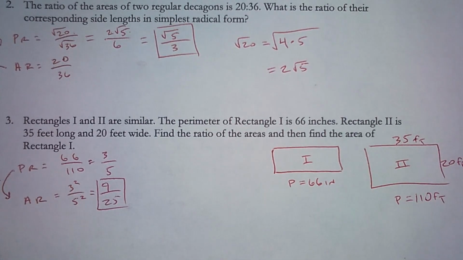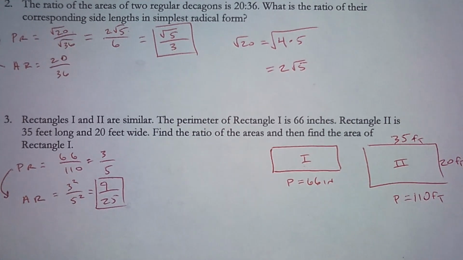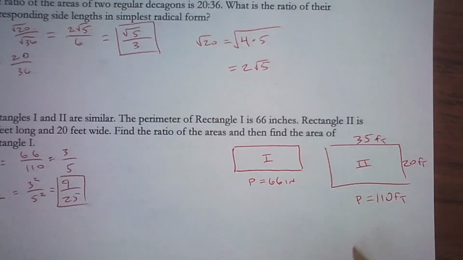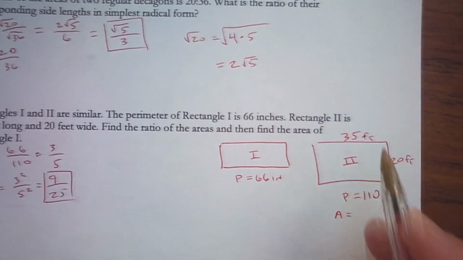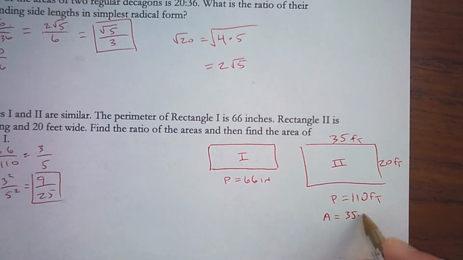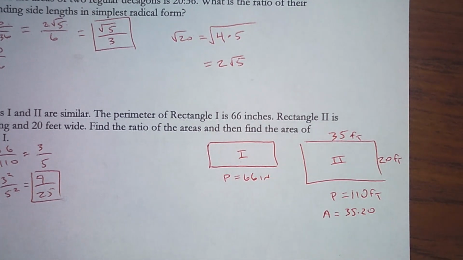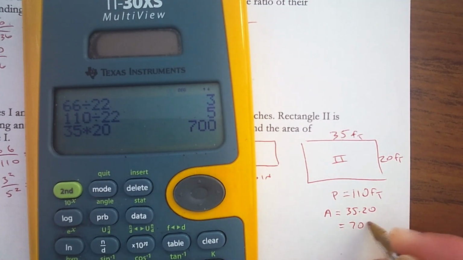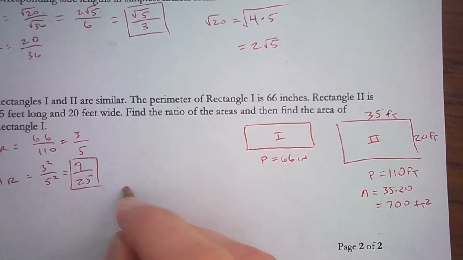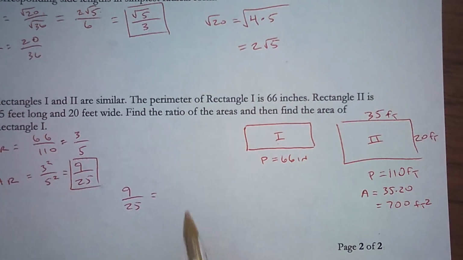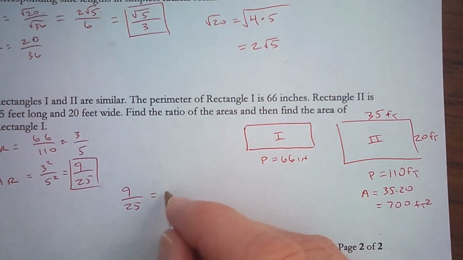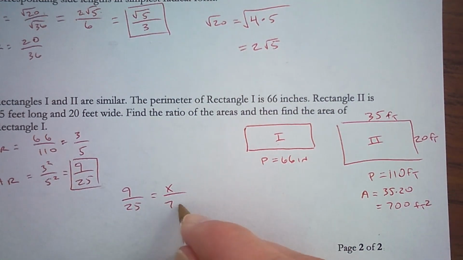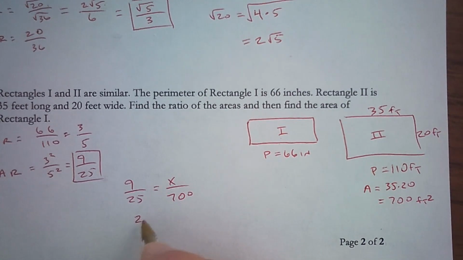That is part of our answer. Now use that area ratio to find the area of rectangle 1. We don't have the area of rectangle 2, so let's find that. It's 35 times 20. Length times width. So the area here is 700 feet squared. So our proportion will be 9 is to 25 as, and that's smaller over larger, so we'll put the smaller area, x, over the larger area, 700.